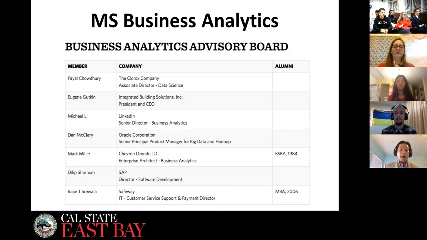And also they help us find projects, find internships, and even in some cases permanent jobs for our students. For example, Mark Miller from Chevron, and we have students who have internships with them. And like Eugene Goodkin, I think he's also from Ukraine, if I remember correctly, the second member on the advisory board.